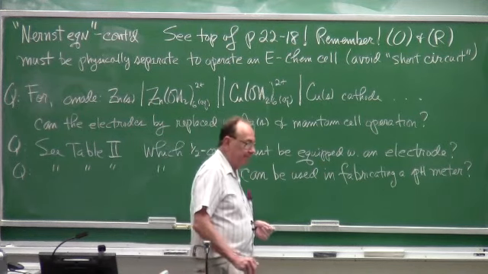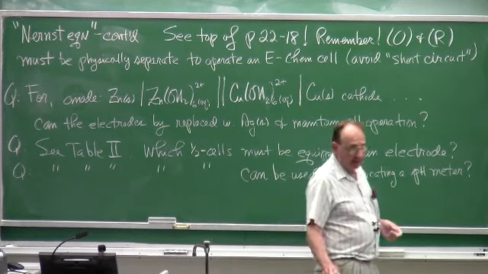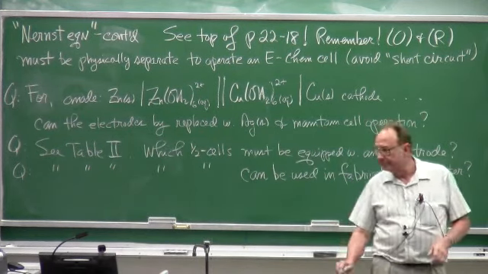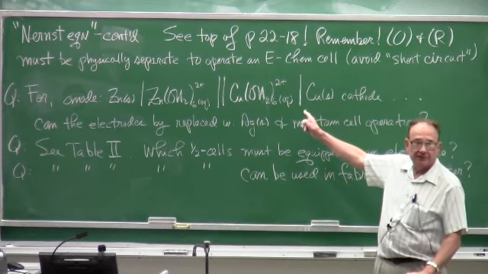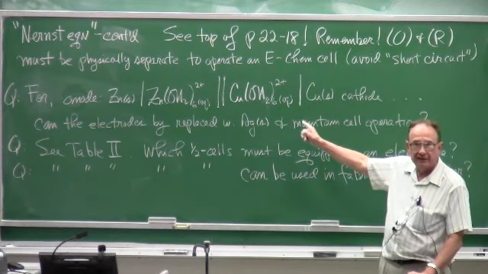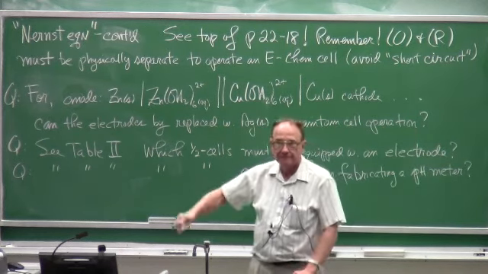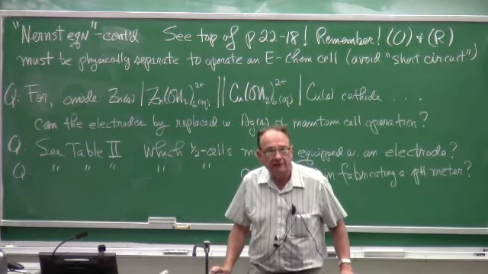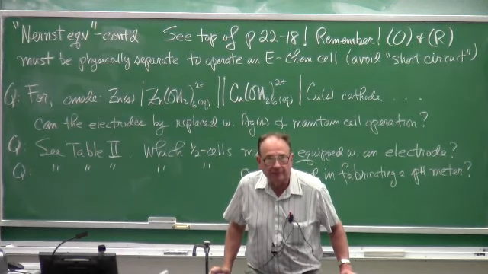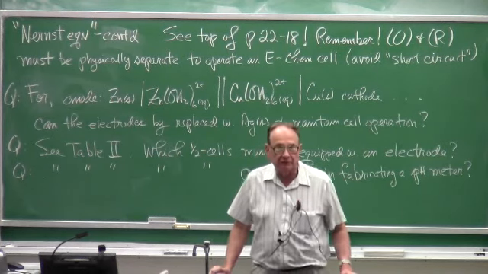We talked yesterday about the fact that you can increase E0 cell and E cell significantly for this system if you treat the anodic half cell compartment with ammonia solution.